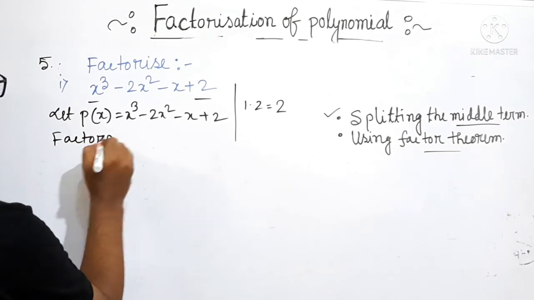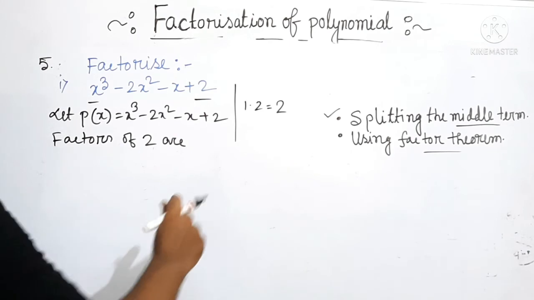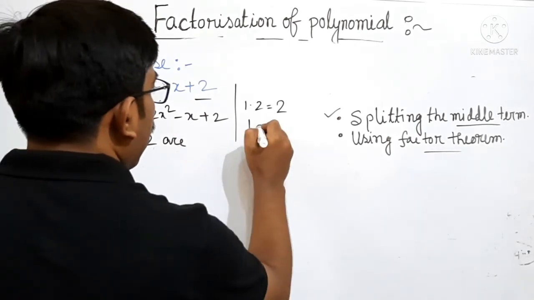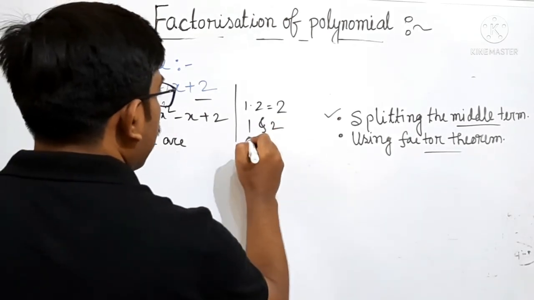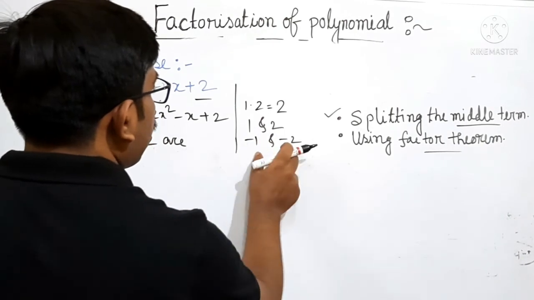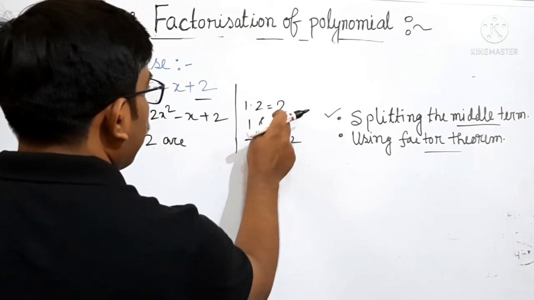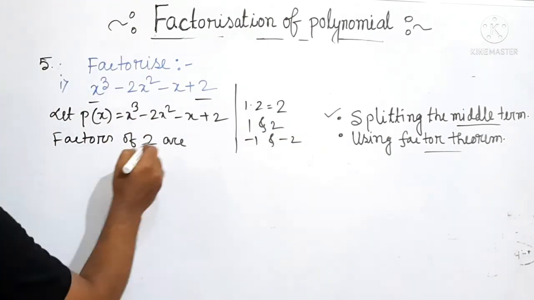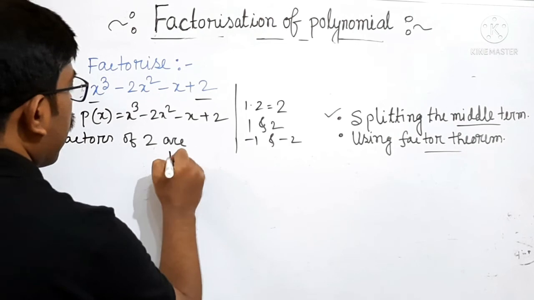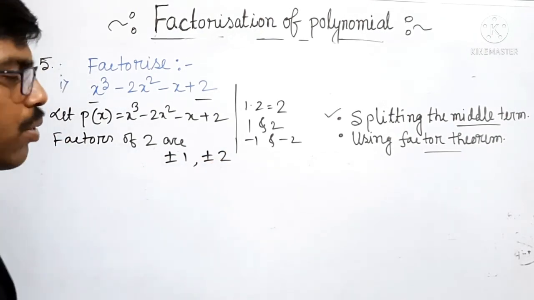Factors. Now what will be the factors of 2? 1 and 2, minus 1 and minus 2. If we multiply these two terms, then we get 2. So the factors of 2 are plus minus 1 and plus minus 2.